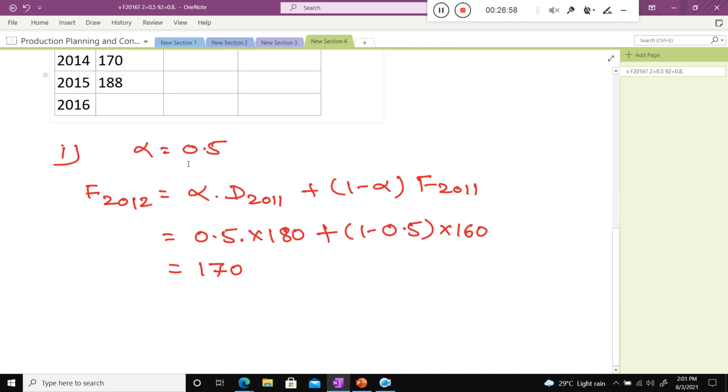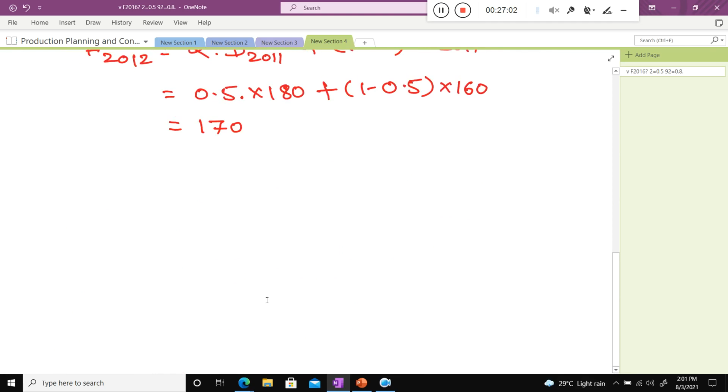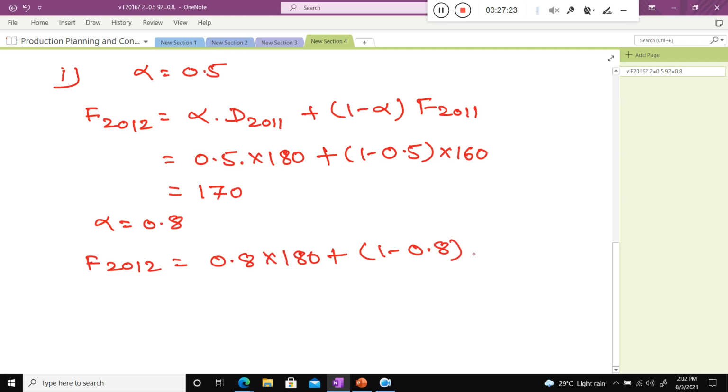Okay, the same thing you need to apply, alpha is equal to 0.8. When alpha is equal to 0.8, F2012, can I put 0.8 here into 180 plus 1 minus 0.8 into 160.